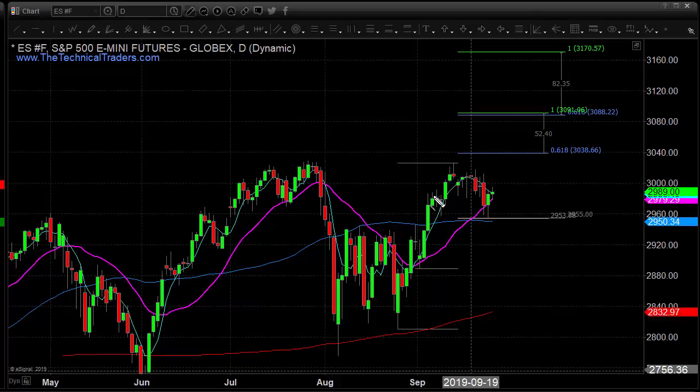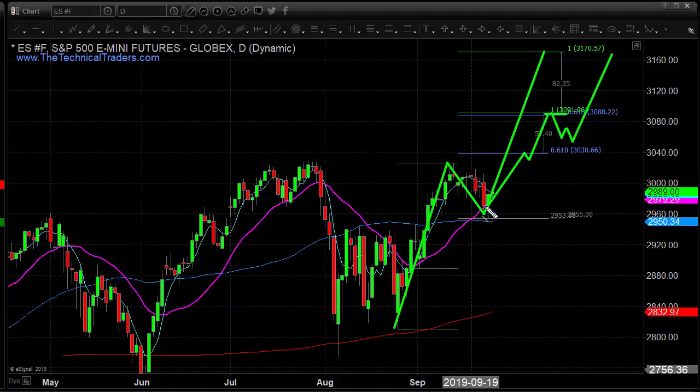Overall, we could easily see this first move come up into this range, and then this is the first 100% measured move. There's potential for it to go all the way up to the 3170 area going forward, which would be a very significant move. More or less, that is this move, the quick pullback, and then the continuation rally, the second half of the move.